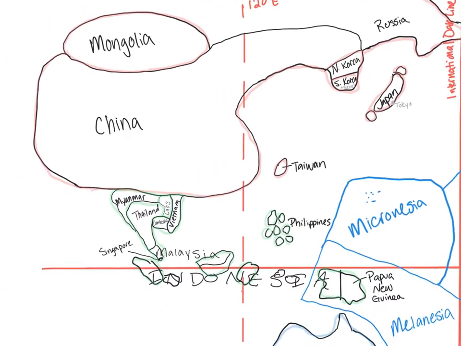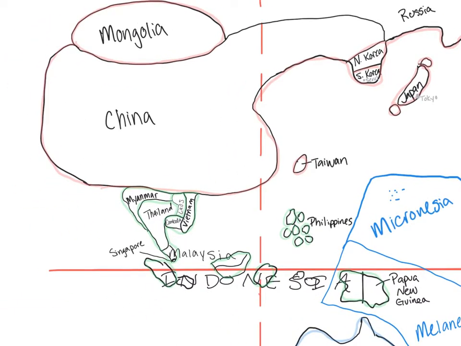We'll do 2 in China. The northern one, about right there, is going to be Shanghai. How do I spell that? Shanghai. And then the southern one is Hong Kong.